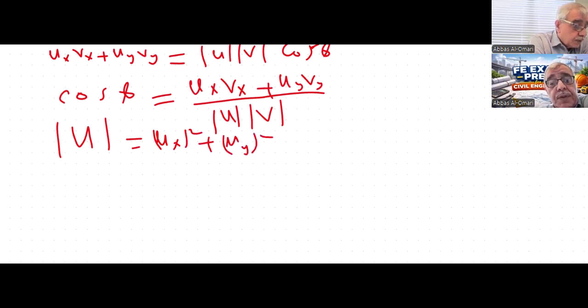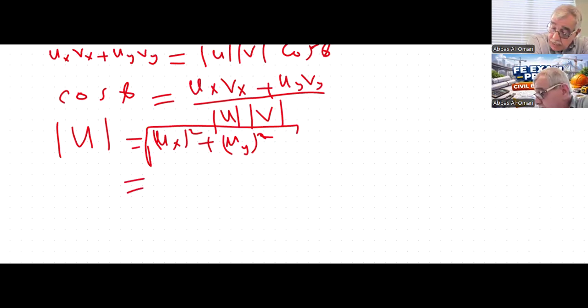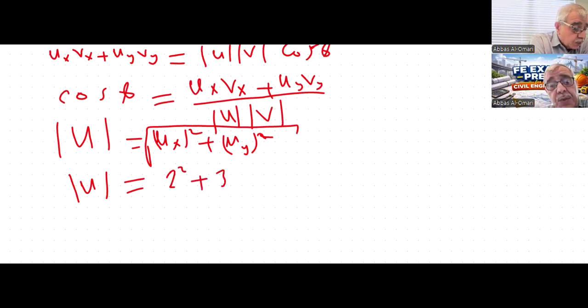This is the Pythagorean theorem. So the value of u: ux is 2, squared, plus uy is 3, squared, square root. So we have 4 plus 9. So the value of u is the square root of 13.